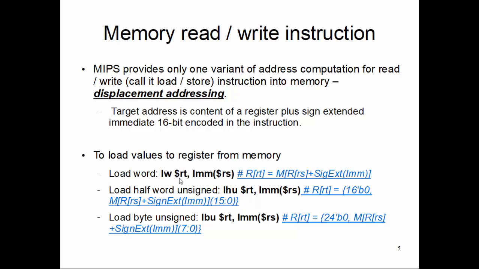So what does it do? Load word is this. This expression looks scary at first glance, but understand each bit of it and then it becomes clear. R of RT means the content of the RT register is going to be whatever is on the right hand side of the expression, and the right hand side says M in square braces, meaning memory at a certain address.